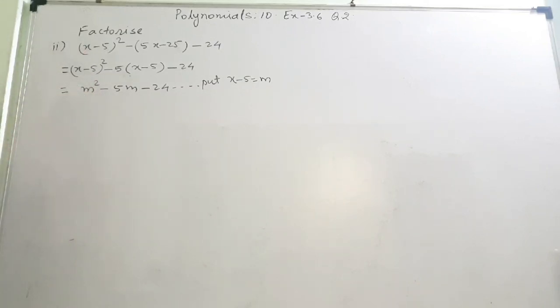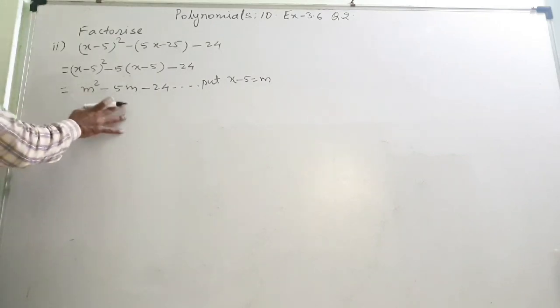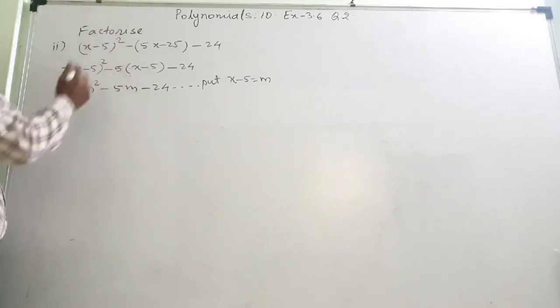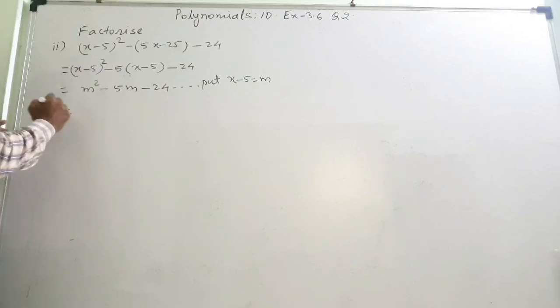So I will expand it, that will be better. It is not compulsory that you should expand only. Okay, so I will go by expansion also in the same way.